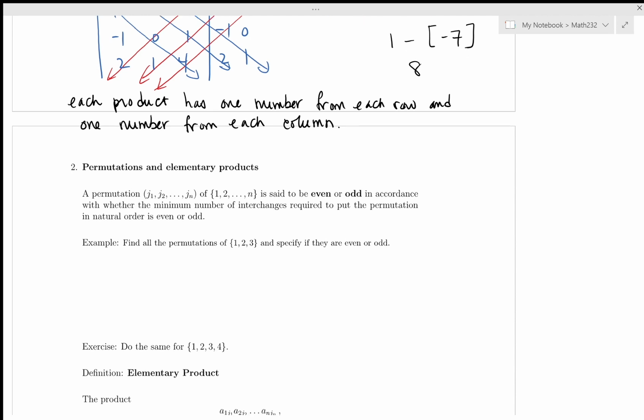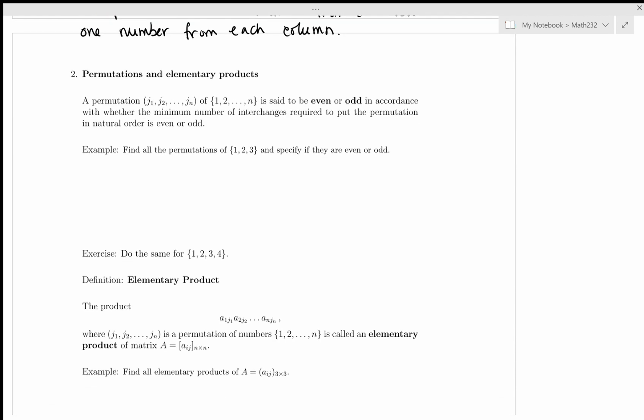Okay, so let's just see what's happening here by example. We're going to look at all of the permutations of 1, 2, 3. So this should be all the different ways we can order 1, 2, and 3. We can just leave it alone. That's one. That is an even permutation because I have precisely 0 operations to do to get it back to 1, 2, 3.